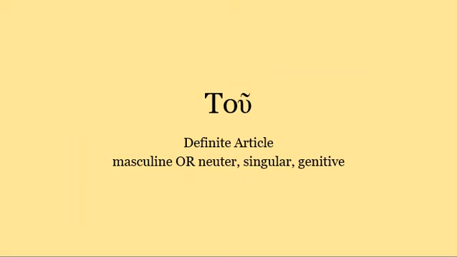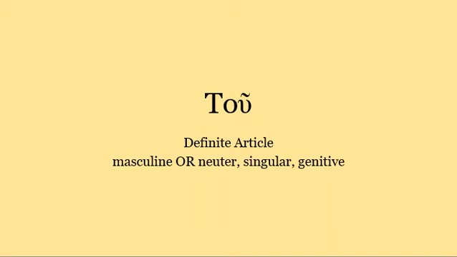So, first I want to point out that tu is the genitive singular definite article for both the masculine and the neuter genders. So, in the genitive and in the yet to be seen dative, both in the singular and in the plural, the definite article for the masculine and neuter will look the same.